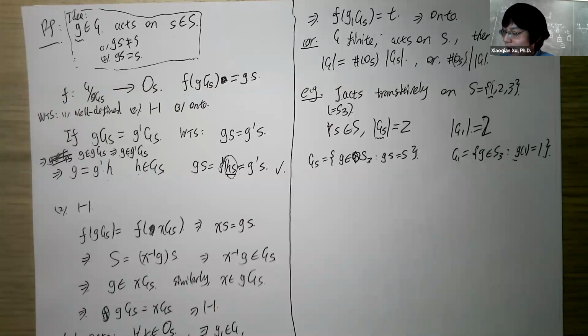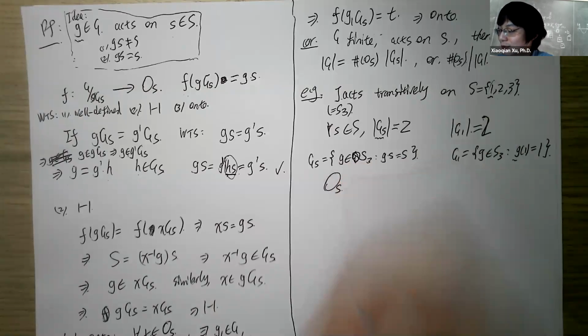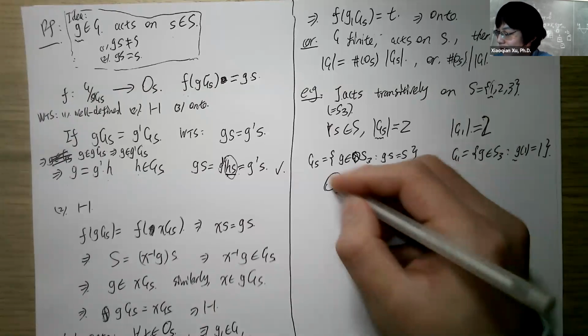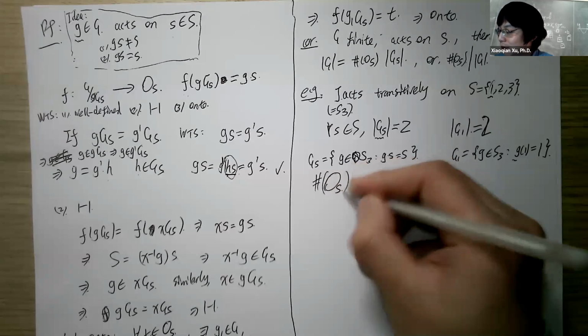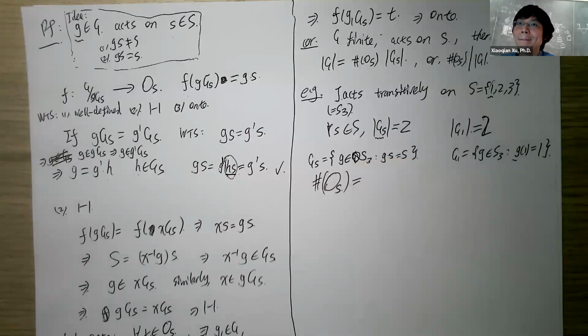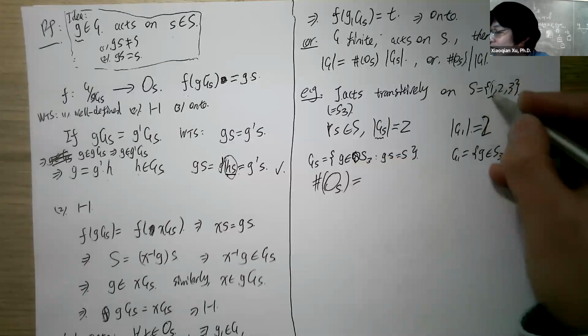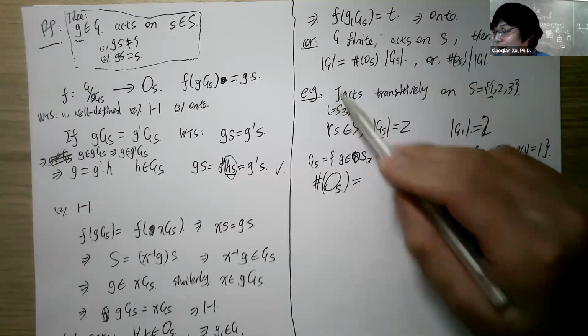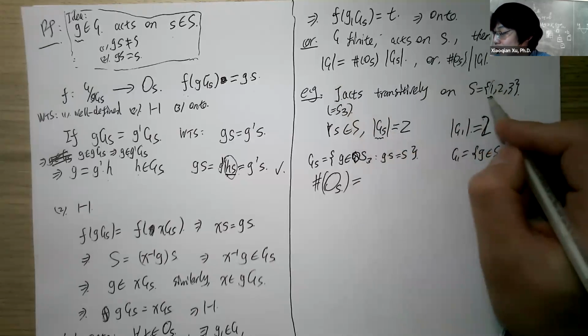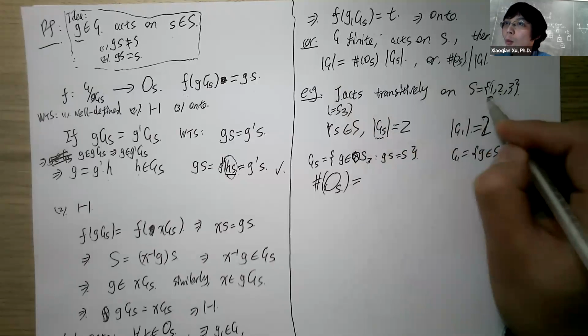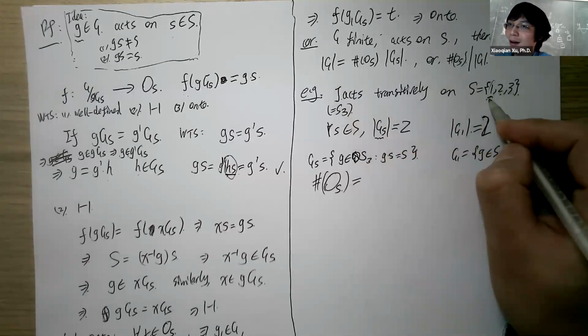Okay? How about the orbit? What is the size of the orbit? It must be 3. Why is that? It is transitive. That means you can use an element to map from 1 to 2, or from 1 to 3, or from 1 to 1. You can always find this kind of map.